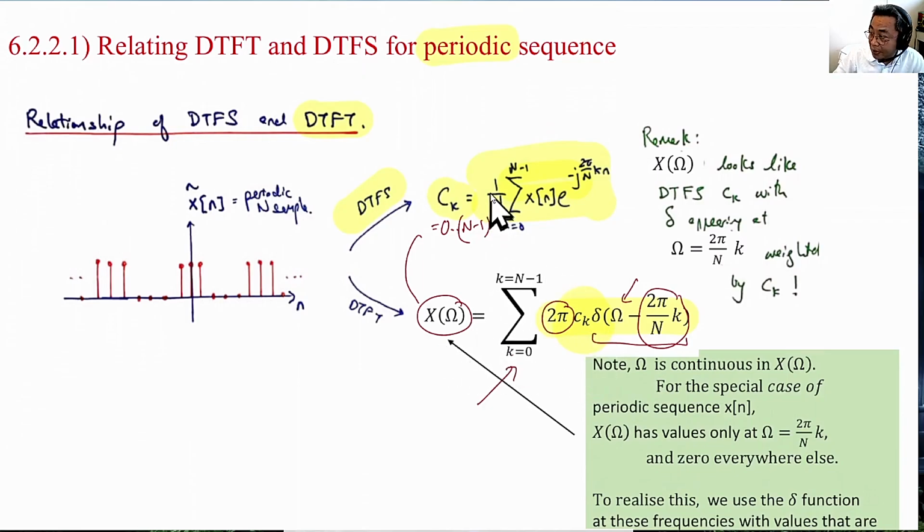What we have by doing this process is simply to take the representation of Ck and express it in terms of the DTFT, where now omega is continuous. If omega is continuous, how can we represent distinct values of Ck? We simply use the delta functions.